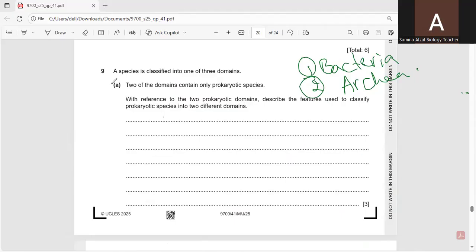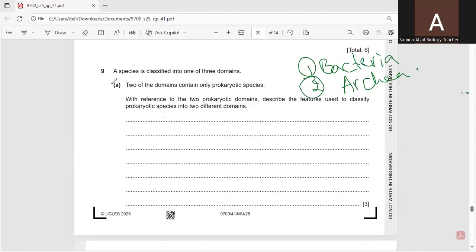The third is the difference in the genetic and transcriptional machinery, which is the ribosomes. Both have 70S ribosomes. For RNA polymerase, bacteria have a single simple type of RNA polymerase. Archaea have several types of RNA polymerase that are more complex and structurally resemble the RNA polymerases found in eukaryotes.